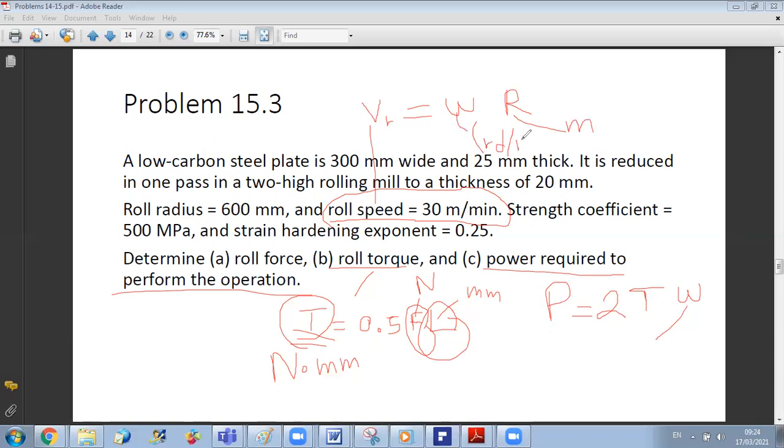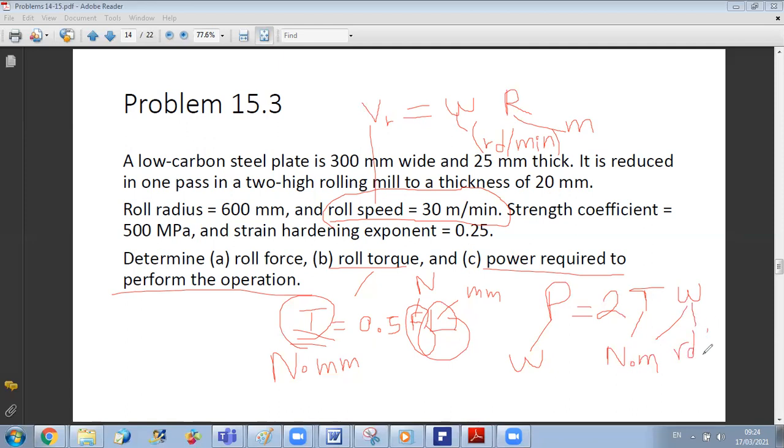And if you want to find the power in watts, you should pay attention to converting units. So to have P in watts, I should have the torque in Newton meter, and I should have omega in radians per second.